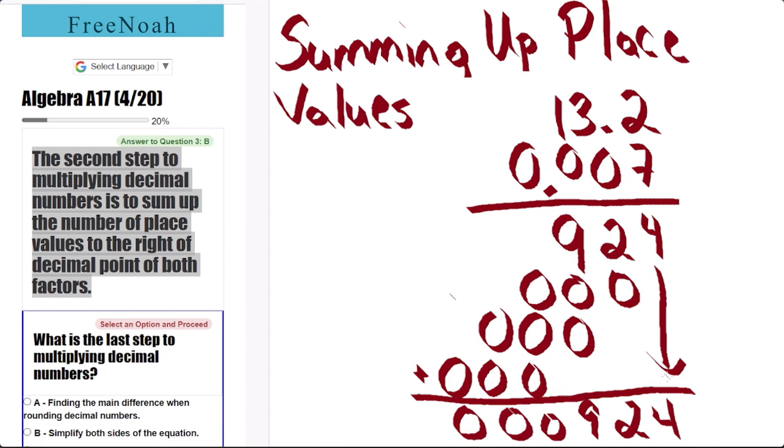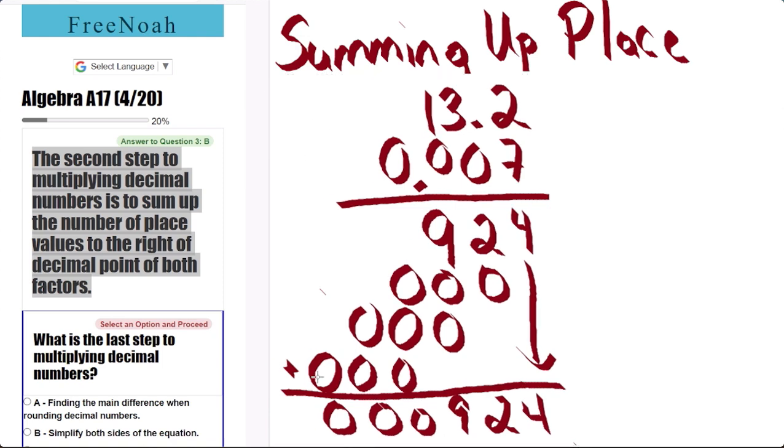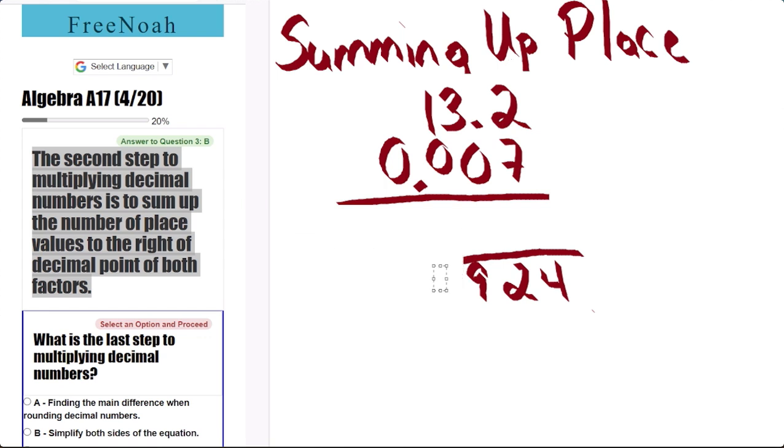And then 0 just drops. So now we have here ultimately 924. But we're still missing the decimal place value.